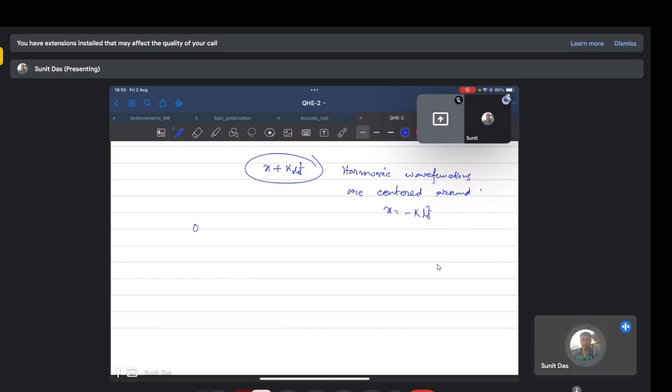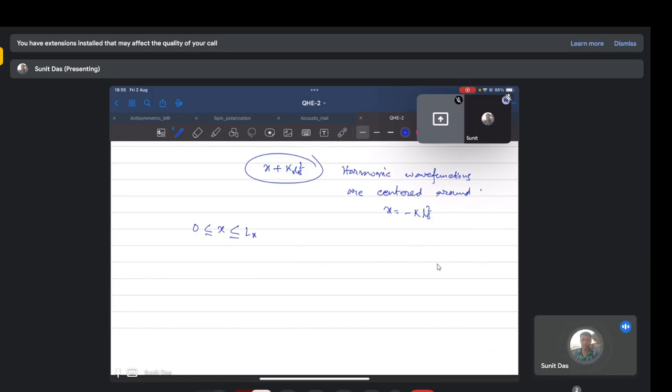Now, since the system dimension along the x direction is Lx, the center of the wave function cannot go beyond Lx. That will be beyond the sample.